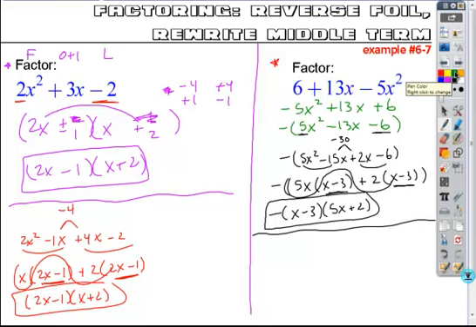Now, if I had chosen to solve this at this point by trial and error, what I would be looking at is these possible combinations. I'd have 5x and x. Those are the only combination for my first terms. My last terms are either, and I'm just going to do each one separately, plus 1 and minus 6.